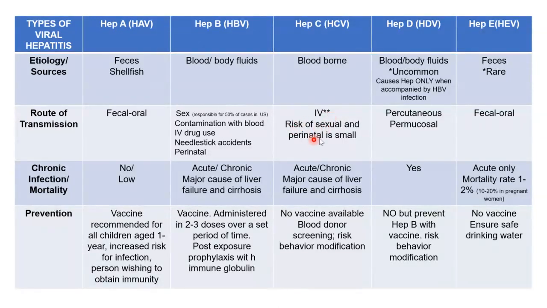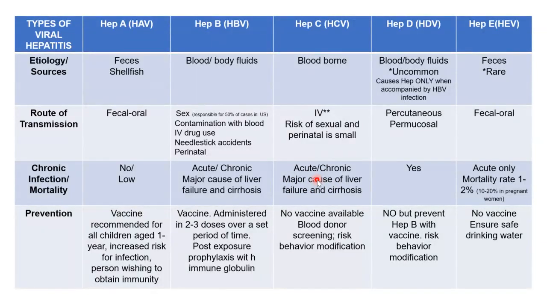Risk of sexual and perinatal transmission is small. It's generally IV users here. Sexual transmission is mostly hepatitis B. Again, same thing: acute, chronic, a major cause of liver failure and cirrhosis.